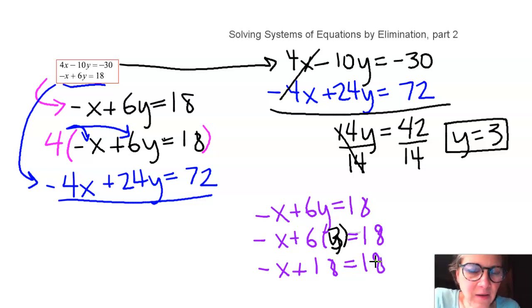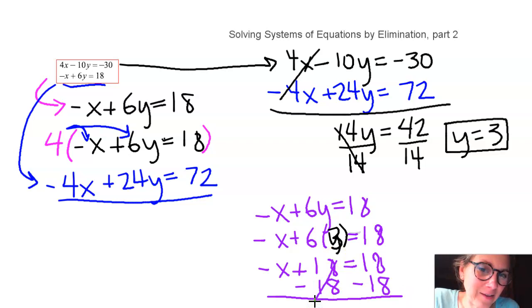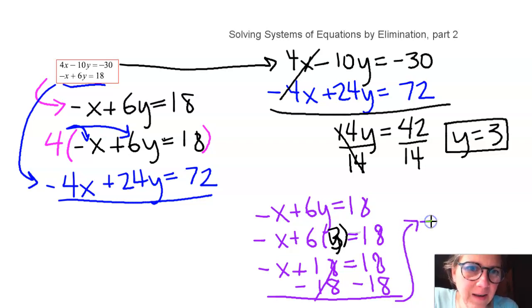So now we're solving for x. We want to subtract 18 from both sides. This cancels out, and the other side, 18 minus 18, is going to give me 0. So I have negative x equals 0.